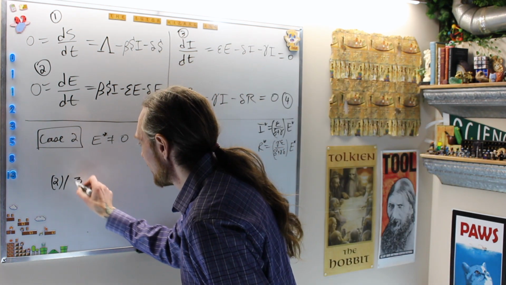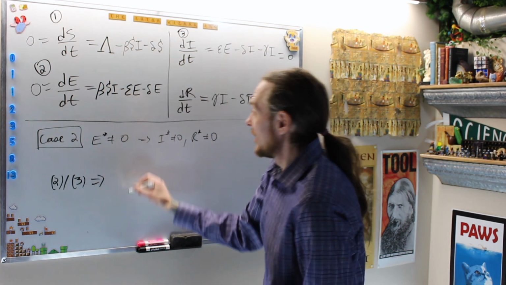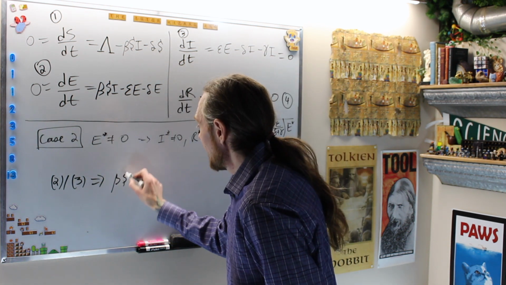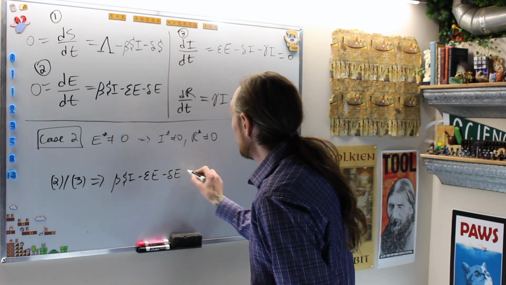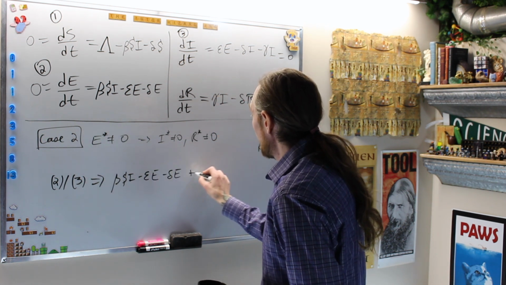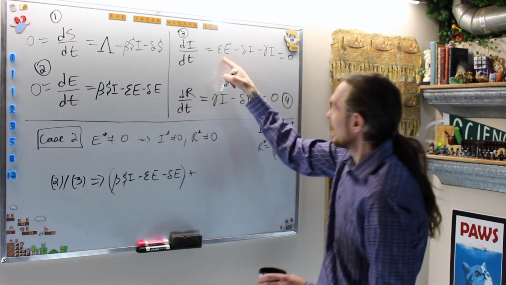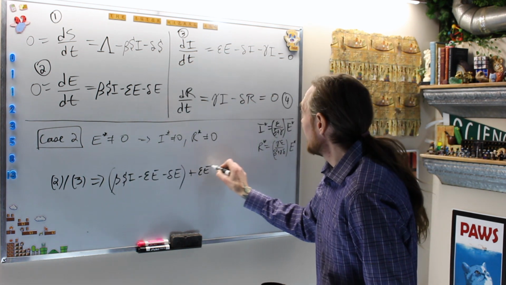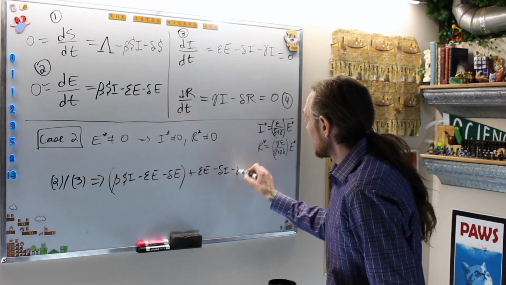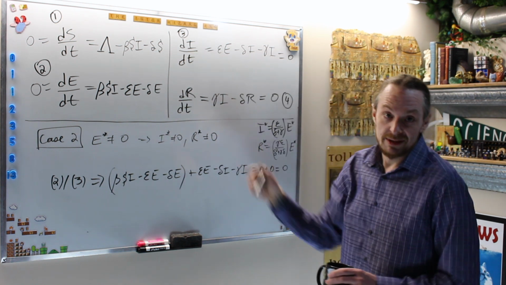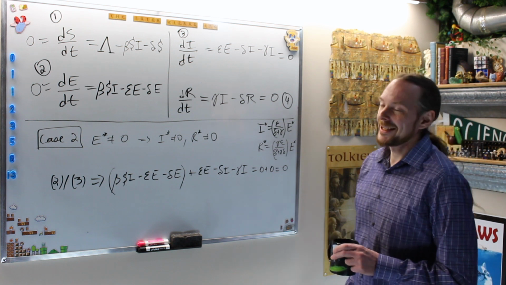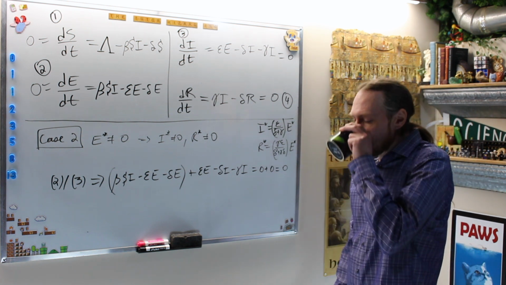Equations 2 and 3 give me beta S I minus epsilon E minus delta E, plus this one, epsilon E minus delta I minus gamma I equals 0 plus 0, which is 0, because they both equal 0. Clever trick. Again, not mine, I stole it.